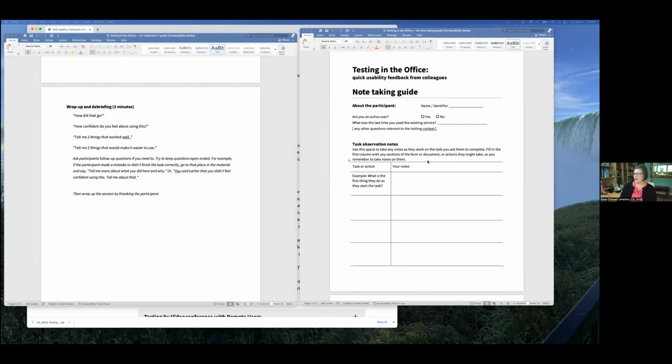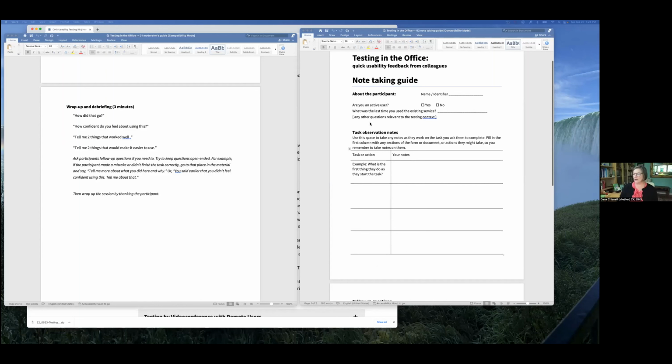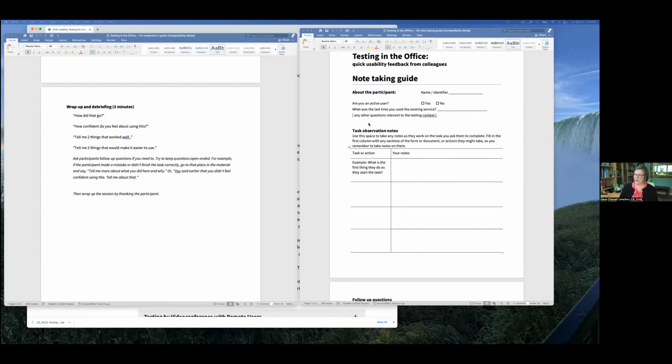So at the top of the note-taking guide, there's a place to capture a name or some identifier of the participant, if you're keeping the participants' names anonymous, and some basic information about the user if you want to capture that, in terms of user profile.